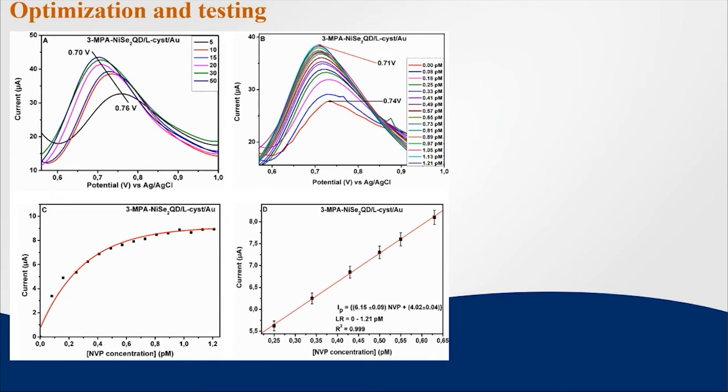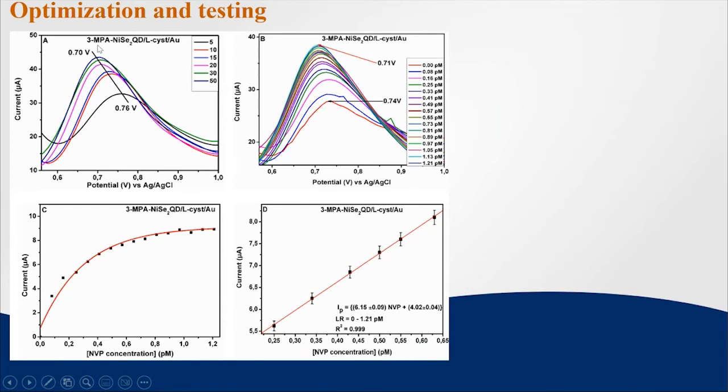But when it comes to optimization, each theme will be optimizing the materials and the methods in a certain way. So in this case, we are optimizing the scan rate, and we selected a suitable scan rate, which appeared at a lower potential, which is a scan rate of 30.